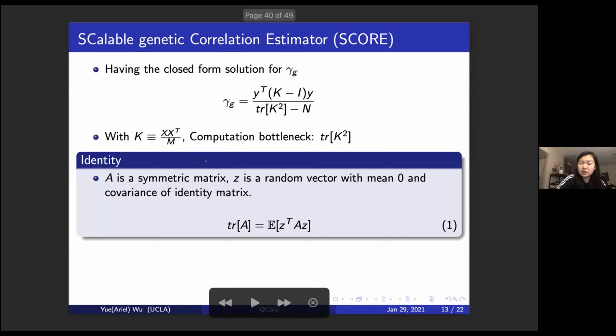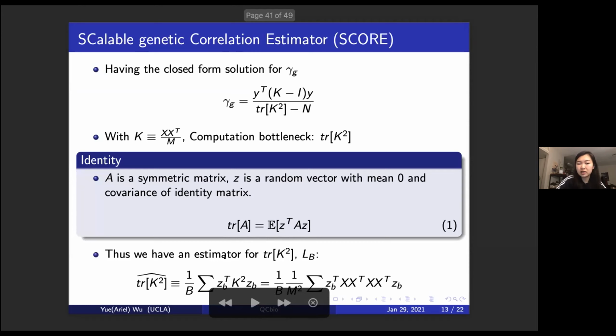So we use an estimator for the trace of K squared. There's this identity where, if we have a symmetric matrix A, we can use random vectors such that the expectation of a random vector transpose times A times the random vector is equal to the trace of this matrix. We use this identity to get an estimator for the trace of K squared. This is the key idea that makes this method computationally efficient.